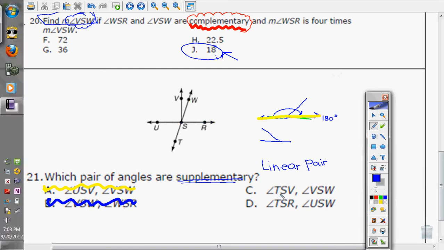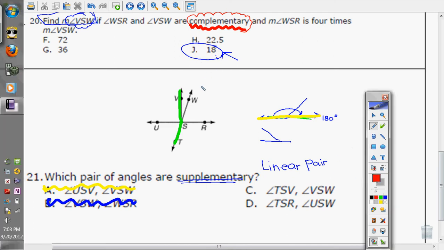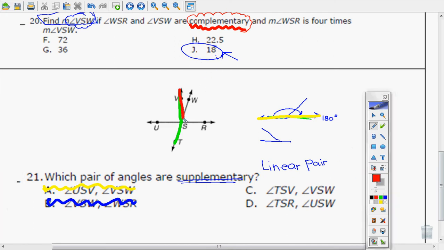Then we are asked to look at TSV. I'll highlight it here. TSV. And compare that with angle VSW. Alright, so we have some good news, folks.